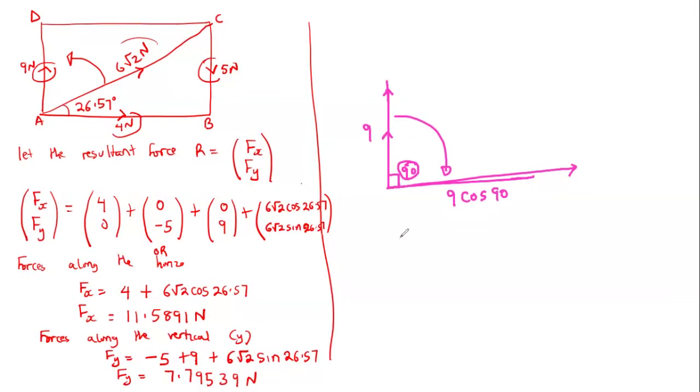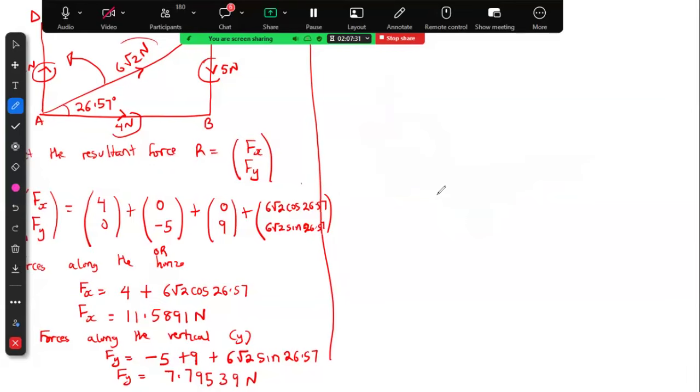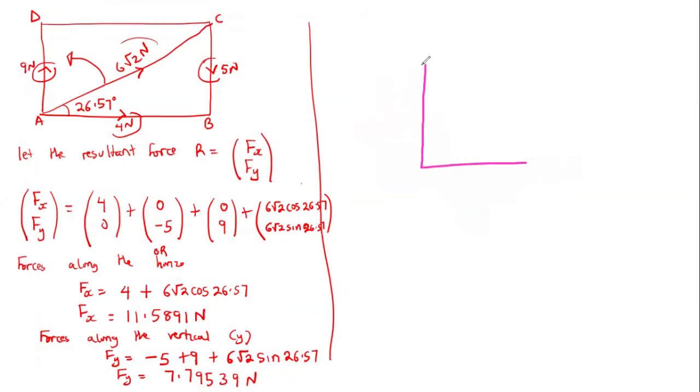But 9 cos of 90 is 0. So that's why that component is 0. So the 9 cos of 90 would be 0, and that would be for the horizontal, because it does not have a horizontal component. It only has a vertical component. Yes. Thank you, sir.